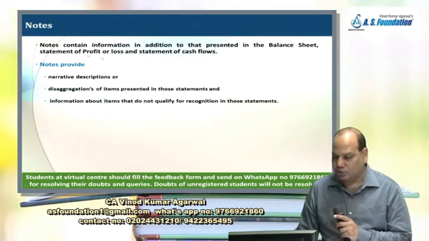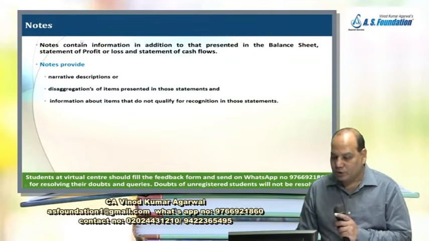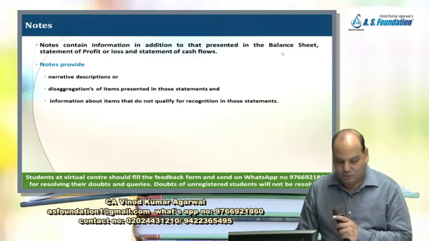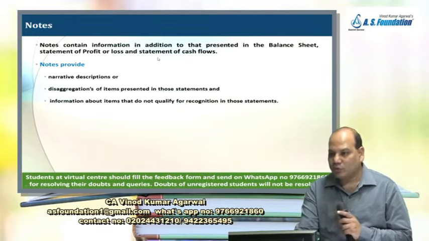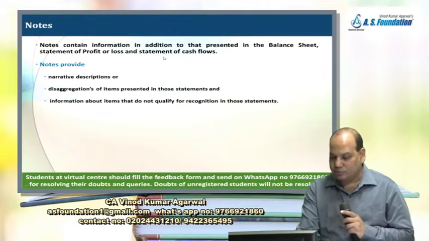What do you mean by notes? Notes means at the end of the balance sheet, P&L account, statement of change in equity and cash flow statement, what we do, we give a lot of information in addition to what is presented in the statement of financial position, statement of profit and loss and cash flow statement.